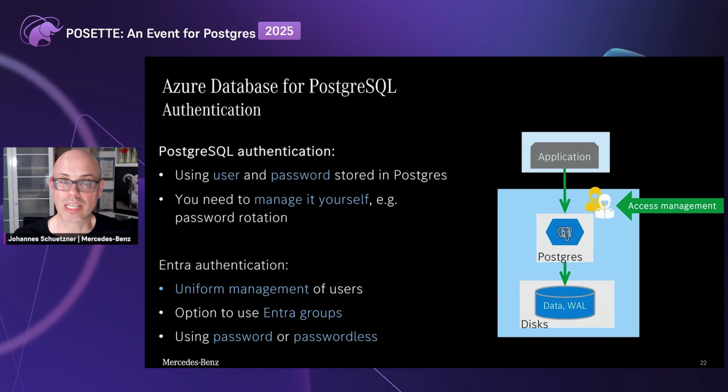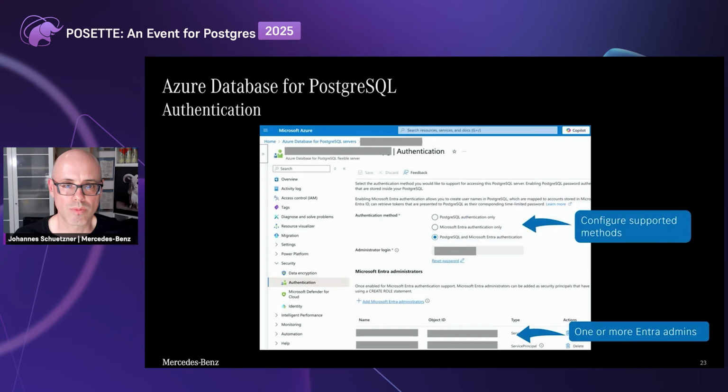You can rely on Entra groups so that you treat all the users from a group the same way. And you can combine this with a password, or which is more appealing, go passwordless. So really, you don't have to worry about passwords anymore. This is all handled by Azure, and I will talk about this in a little moment.